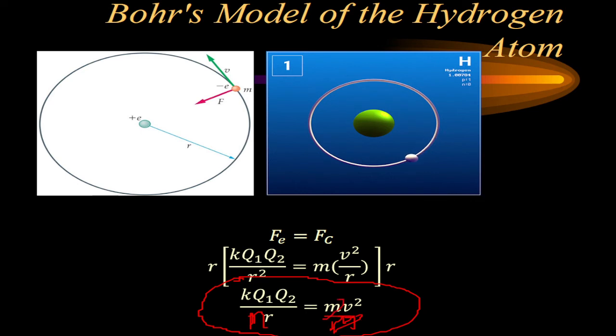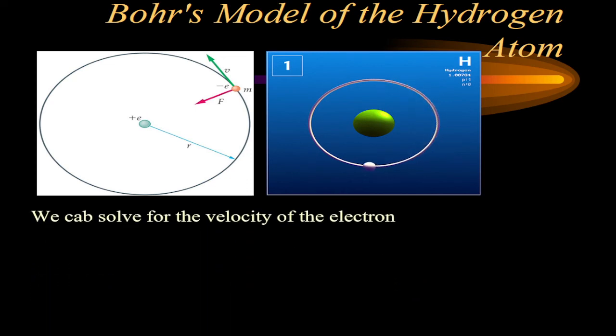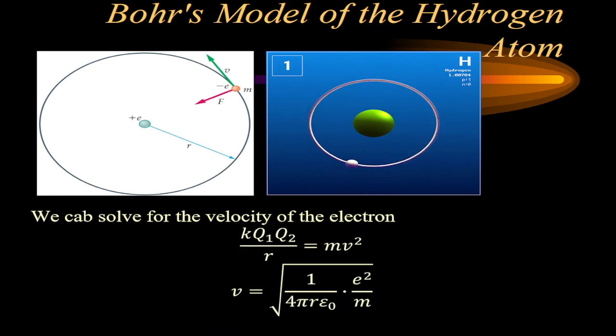You'll see that it'll cancel out, and v is isolated here, but we're not done yet. So we'll have to take the square root, and I'm gonna show you that in the next slide. So we start from this, and we isolate v and take the square root of both sides. So this is the formula for the velocity of the electron.